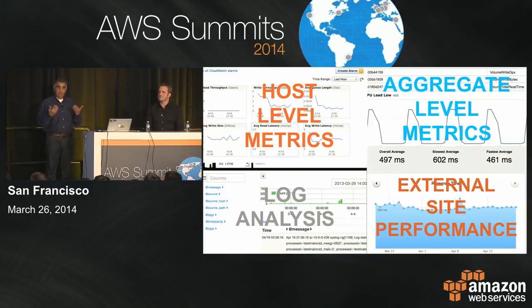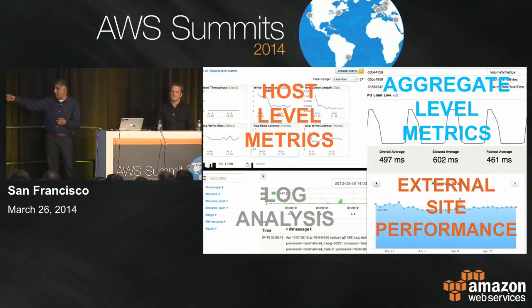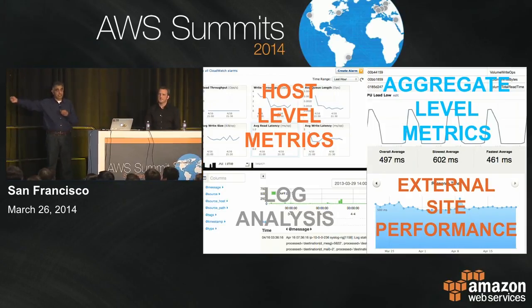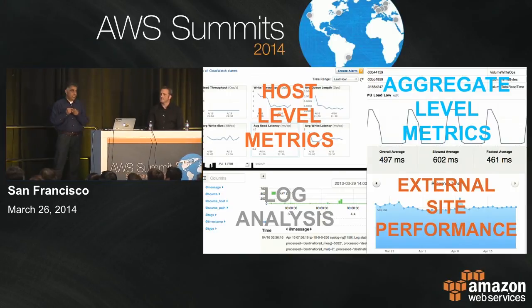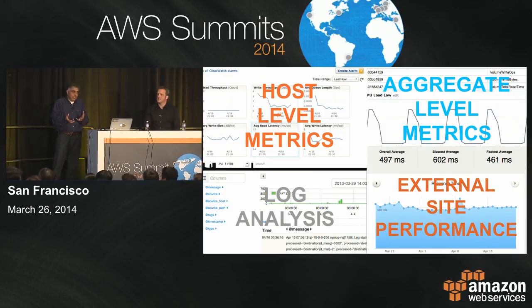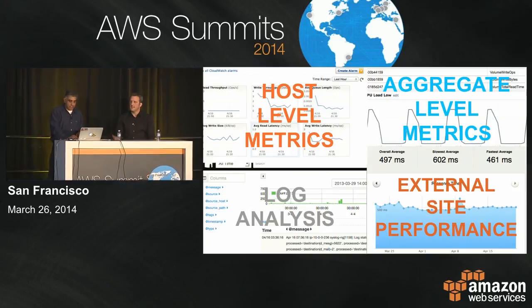Analyzing logs is becoming another important area to gain visibility and insight into what's happening in your infrastructure, right? And then finally, external site performance. How are your users feeling the latency? What are they experiencing by way of impact so that you can actually take action, right? You need data. You need to be able to monitor, to be able to take action on these things to fine-tune your infrastructure as we go forward.